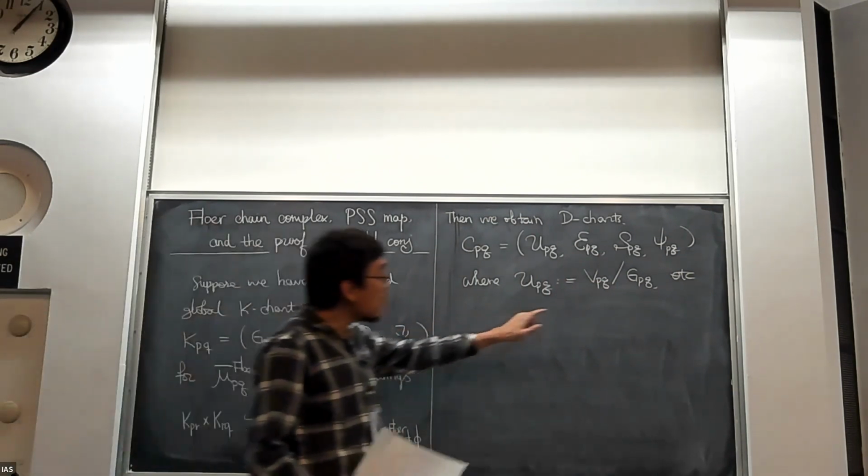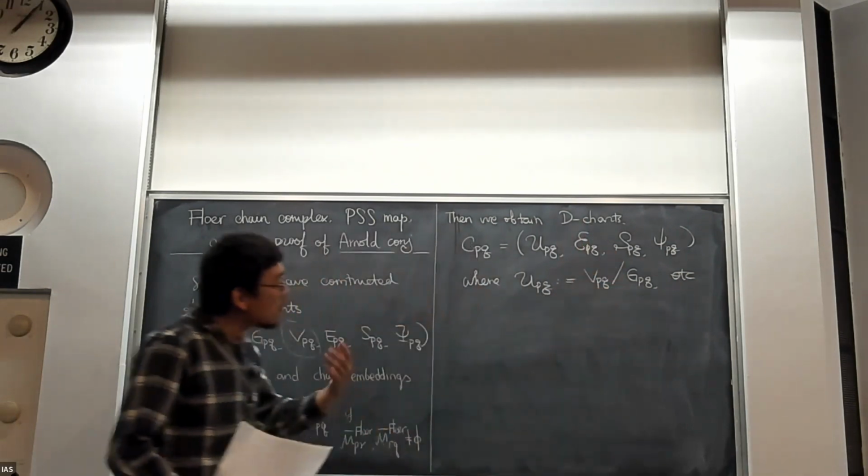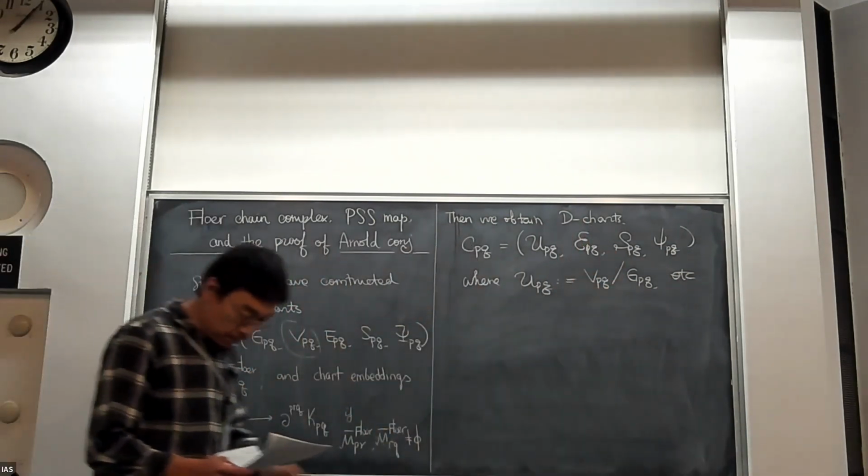So indeed we get smooth orbifolds with boundaries and corners.